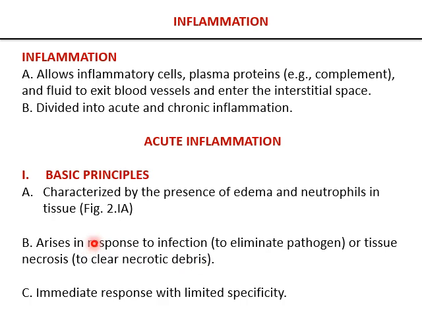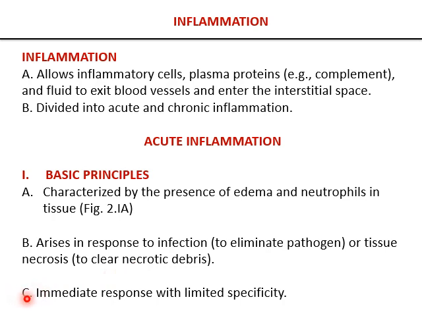So acute inflammation happens in response to infection, like any pathogen. It helps the human body to get rid of the pathogen. So it's an important process in our life, to keep us alive. Also, acute inflammation occurs to get rid of any necrotic tissue, the necrotic debris.